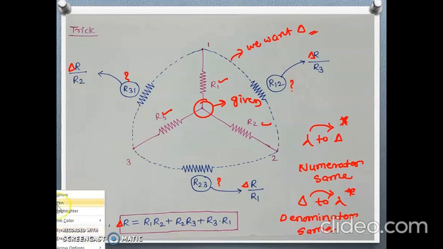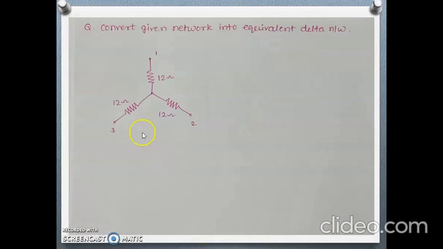Now let's solve some numericals based on this technique. The question is: convert the given network into its equivalent delta network. Here 1, 2, 3 are the three points. Here is a common point, and 12, 12 and 12 ohm are connected in star. We want its equivalent delta network in this formation, which will be 1, 2 and 3.